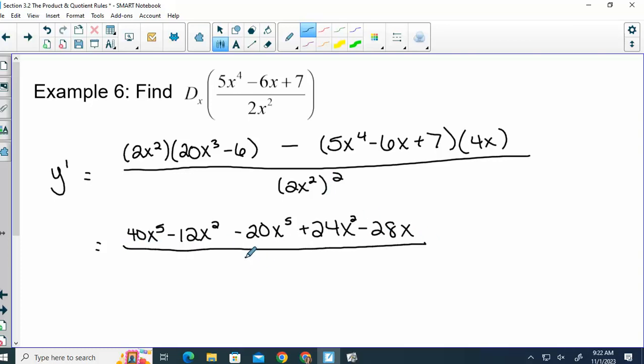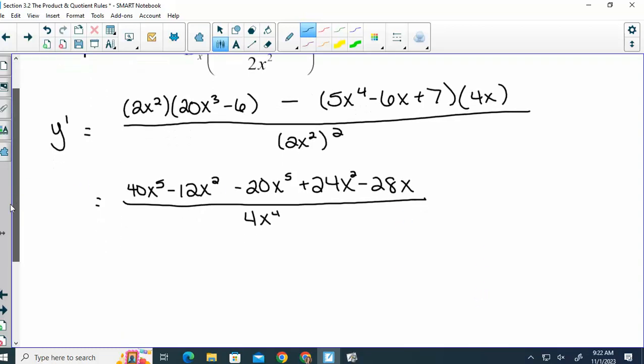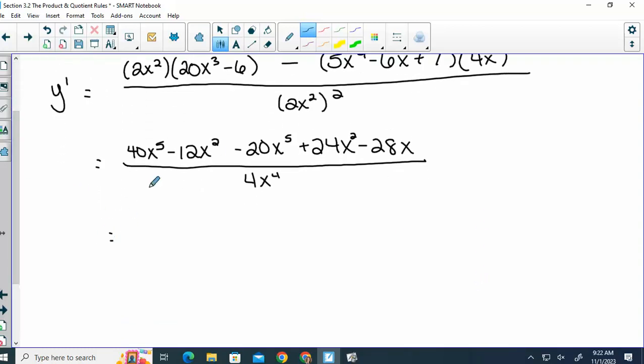On the bottom, 2 squared is 4, x squared squared would be x to the 4th. So 40 minus 20 is 20x to the fifth, 12x squared minus 28x.